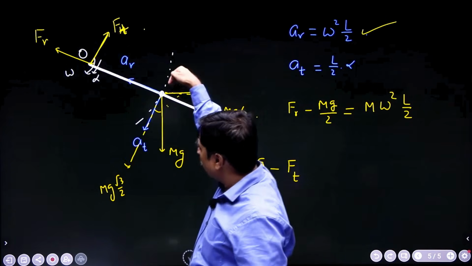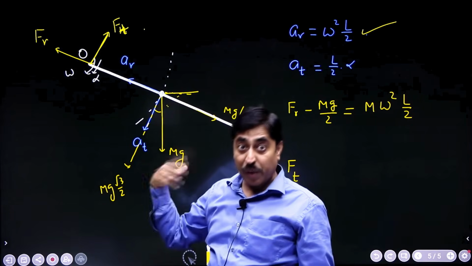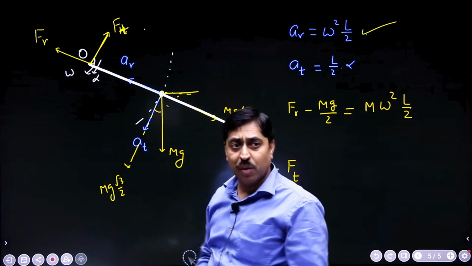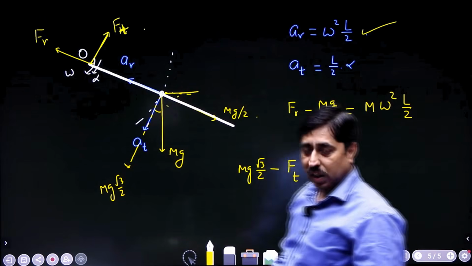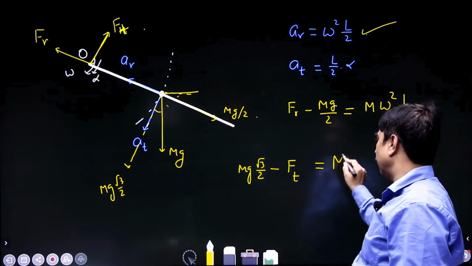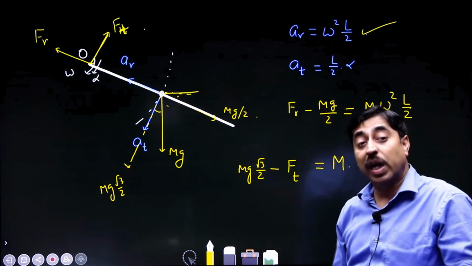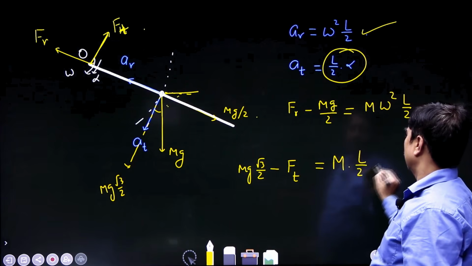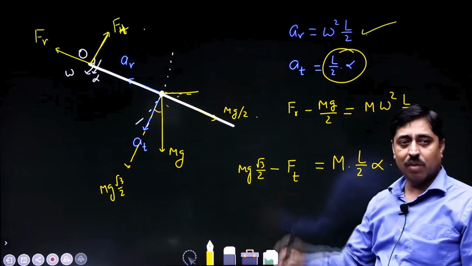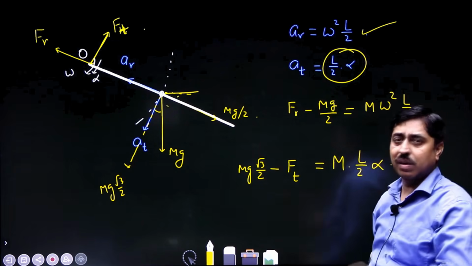So, the net force on this rod in this direction perpendicular to rod, the direction is perpendicular to rod, tangential direction, that is equal to this minus that, and this should be equal to mass of the rod into tangential acceleration of center of mass, right. So, I have written these two equations for motion of center of mass.